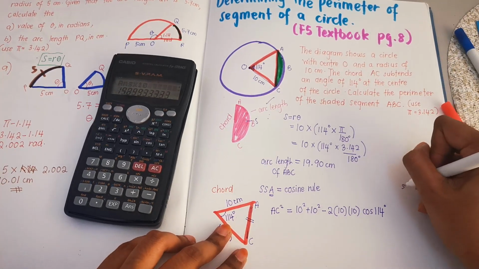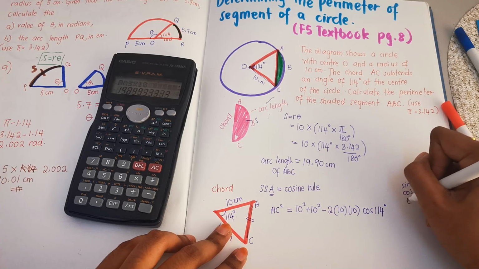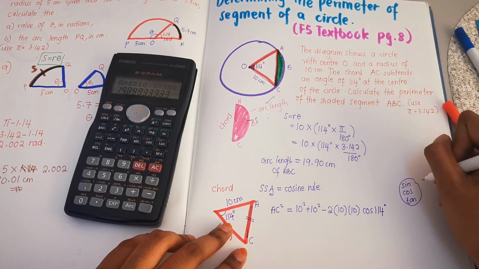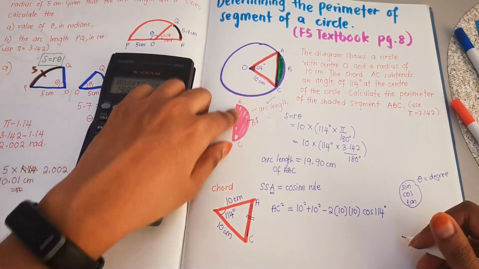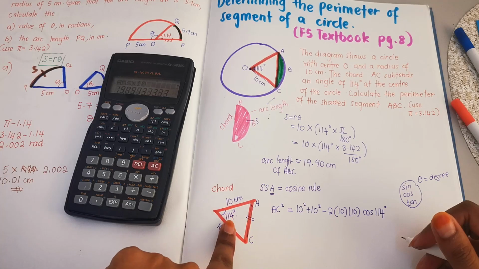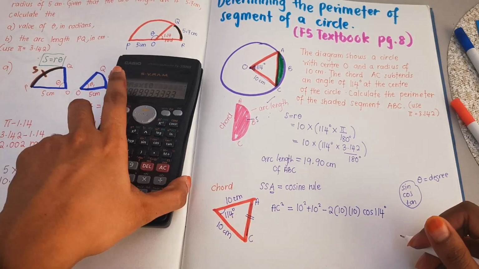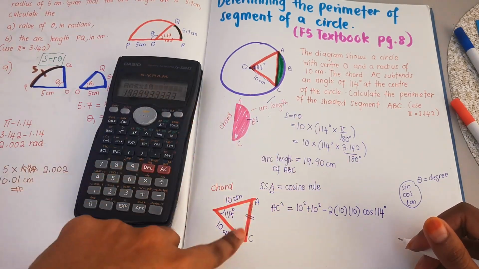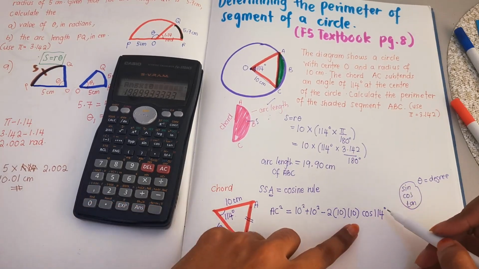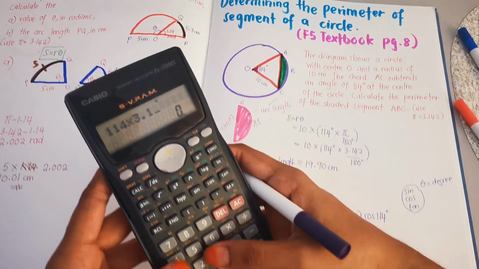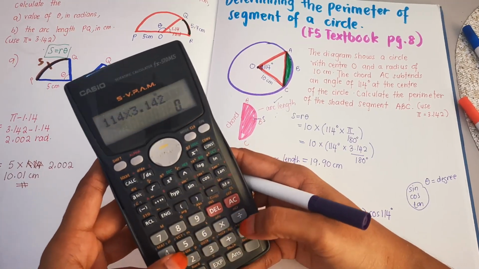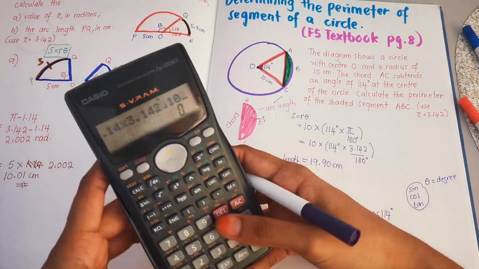Remember, whenever you use sine, cos, tangent, the theta must be in degrees. If you change 114 to radian, you cannot put it here. I have to emphasize this because many students make this mistake.